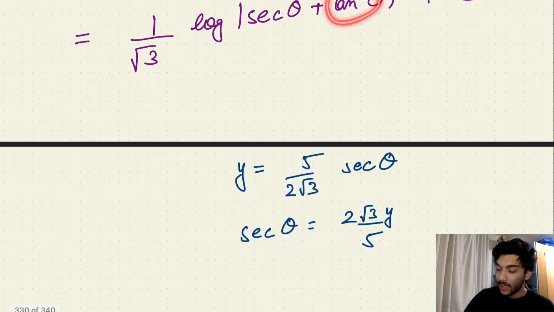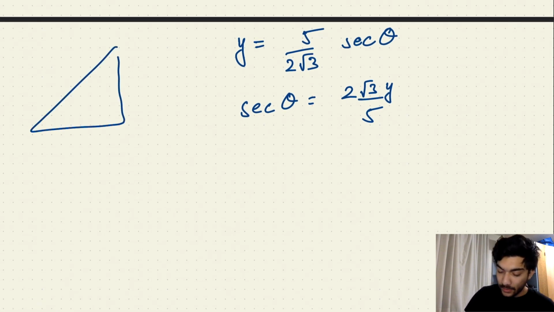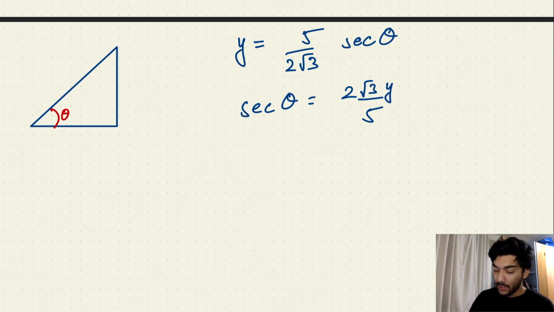And now you want a tan theta expression. In order to calculate the tan theta expression, you'll construct a right angle triangle again. If we assume this angle to be theta, we know that secant theta is basically hypotenuse upon base, because it's the reciprocal of cos theta. Hypotenuse is 2 root 3 y.